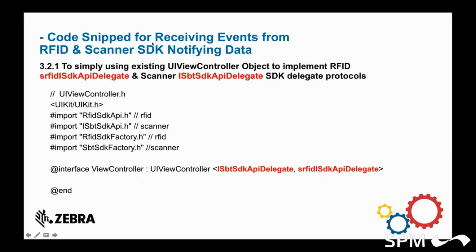This is the code for receiving events from the RFID and scanner SDK notification data. Basically, you use 2 protocols: the RFID SDK API delegate protocol, which you need to implement, and also the scanner API delegate protocol, in your UI view controller.h, which is the object you create.